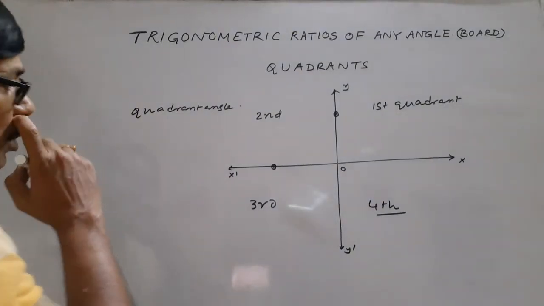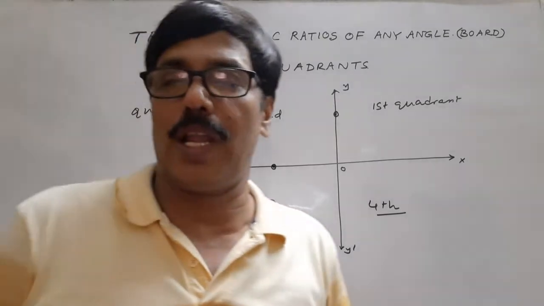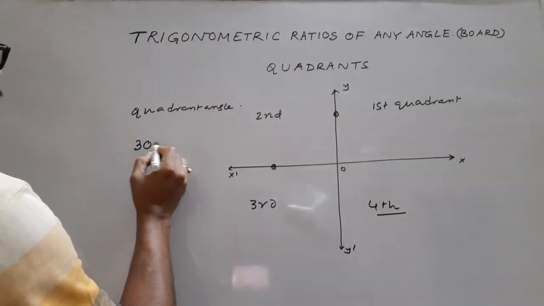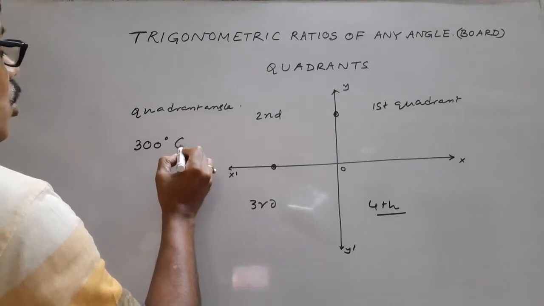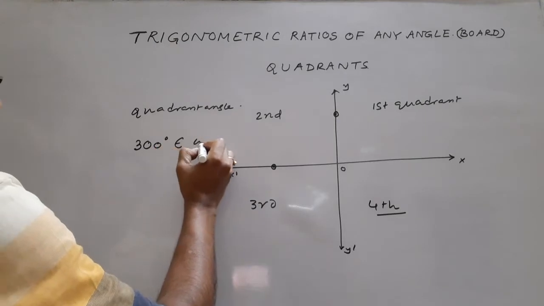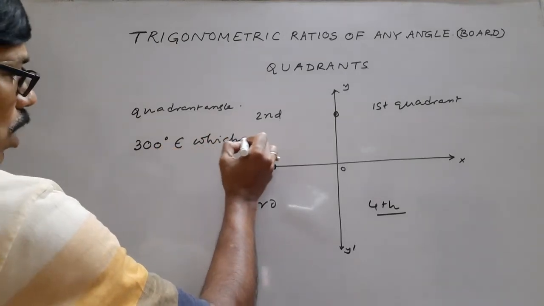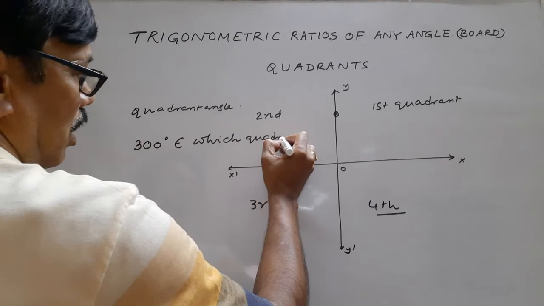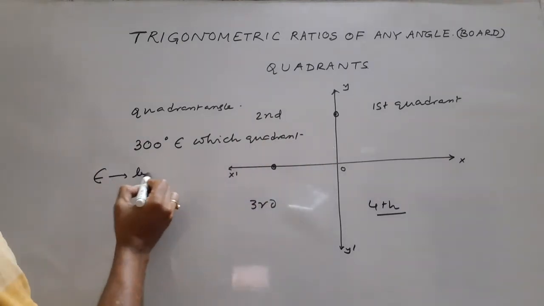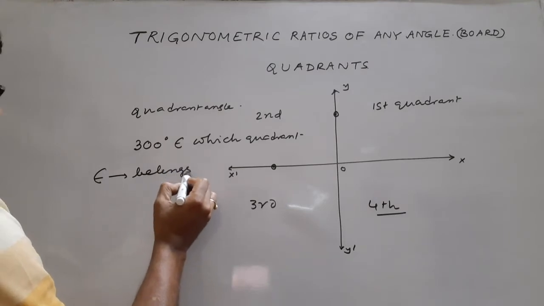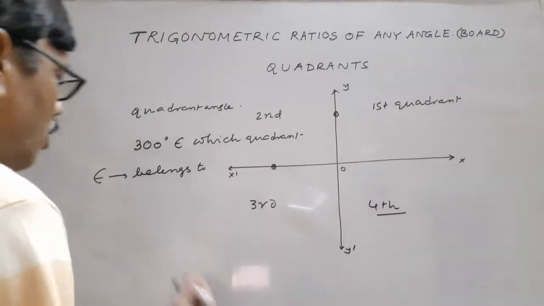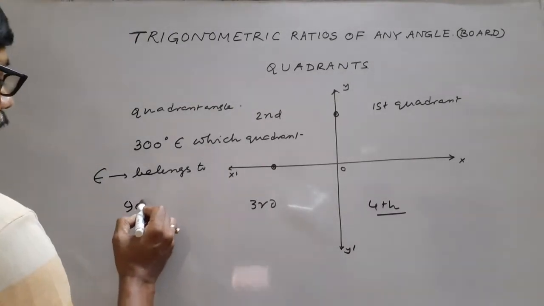So you know an angle may be of any magnitude. So 300 degree belongs to which quadrant? This symbol means belongs to. So look, you divide 300 by 90.